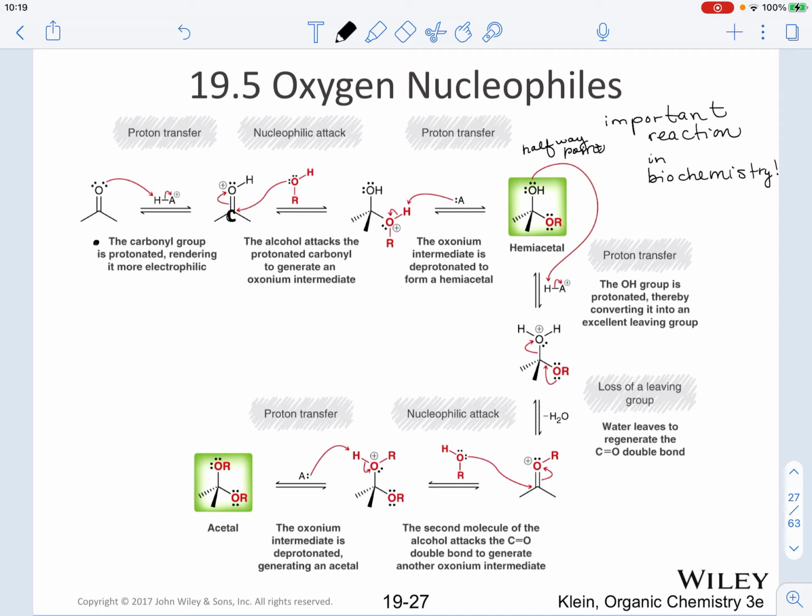Then, as you can see in the next step of the reaction, we're going to have a second proton transfer, but at this time what we're going to be protonating is the OH group.